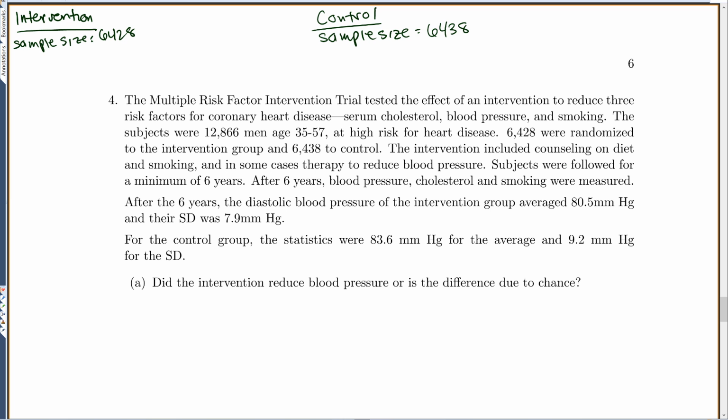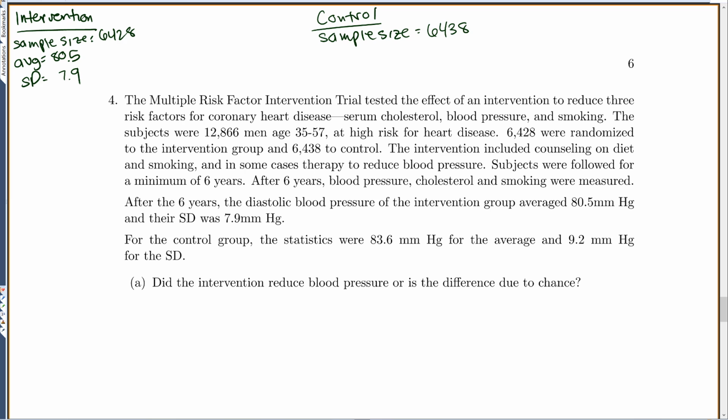Subjects were followed for a minimum of 6 years. After 6 years, they recorded the blood pressure, cholesterol, and smoking. So after the 6 years, the diastolic blood pressure of the intervention group averaged, so our sample average is 80.5 for the intervention group, and the SD is 7.9.